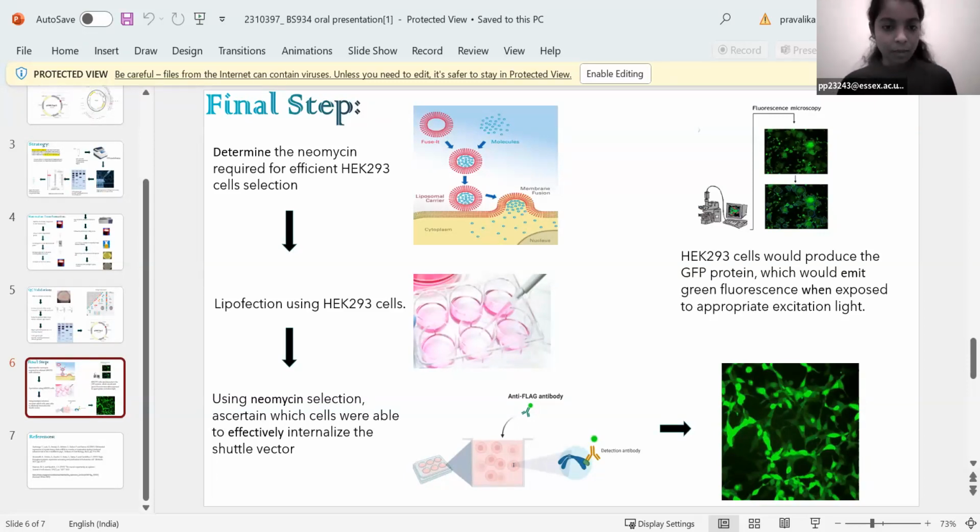By using neomycin selection, cells were able to effectively internalize the shuttle vector, and you can see the HEK293 cells would produce the GFP protein, which would emit green fluorescence when it is exposed to the appropriate excitation light.